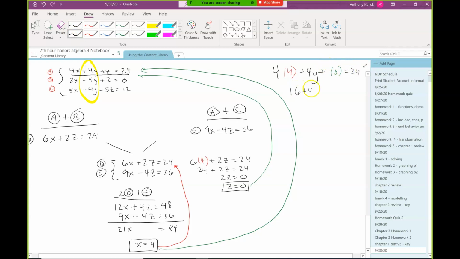So 16 plus 4y plus 0 is equal to 24. If I subtract 16 from both sides, I get 4y is equal to 8. If I divide both sides by 4, I get y is equal to 2. So if I put it together, I have 4, 2, 0.